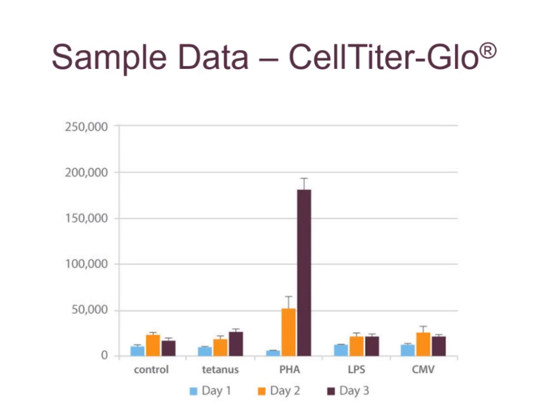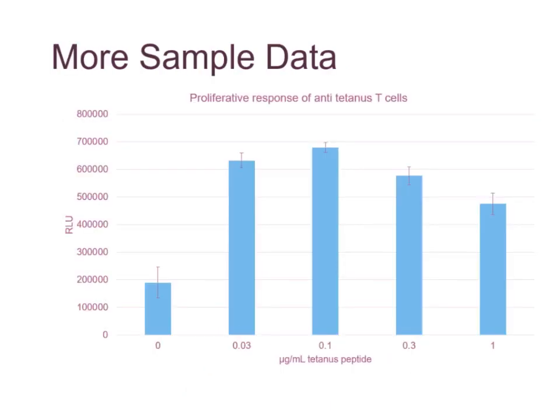Again, not very much to be seen in the presence of LPS or CMV. In some experiments, you can see an increase over the control, but it's just hard to convince yourself that that's real, so to speak.